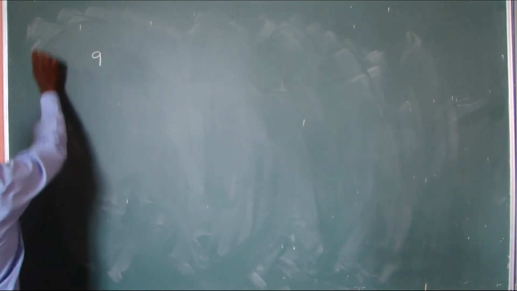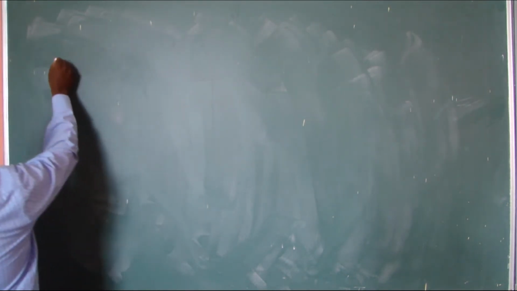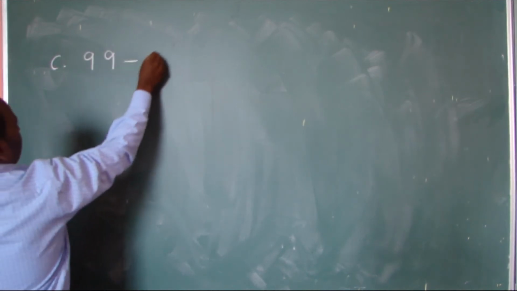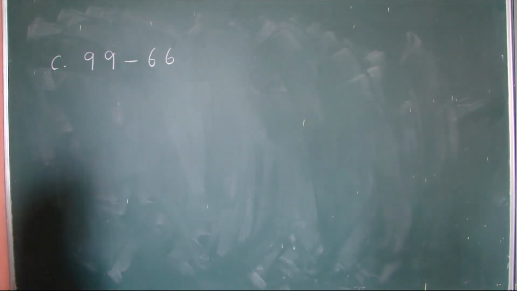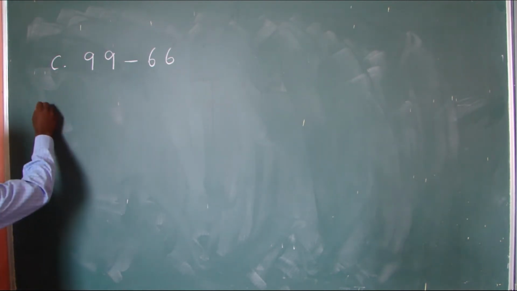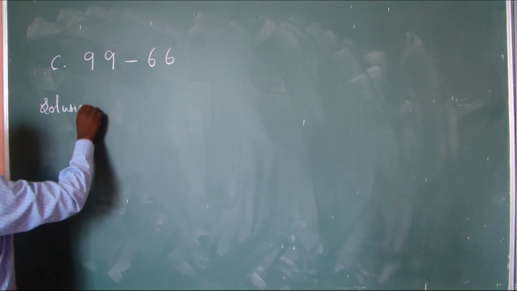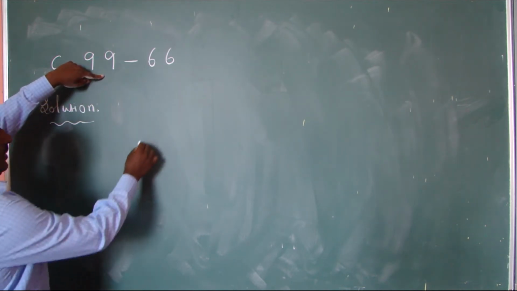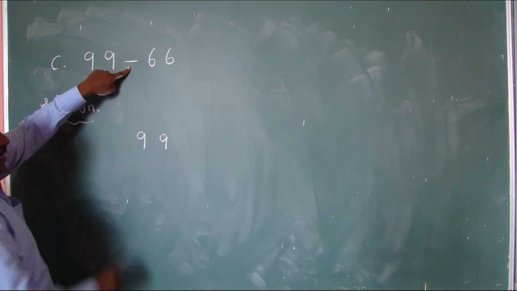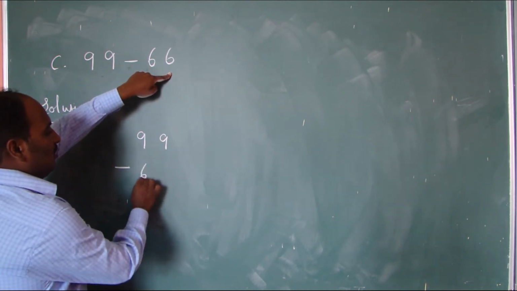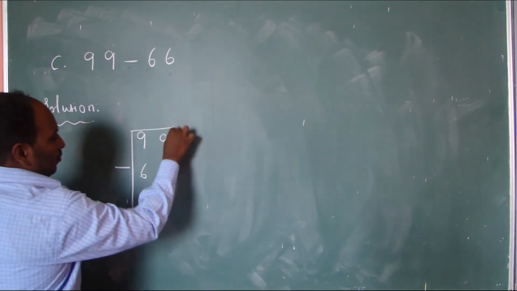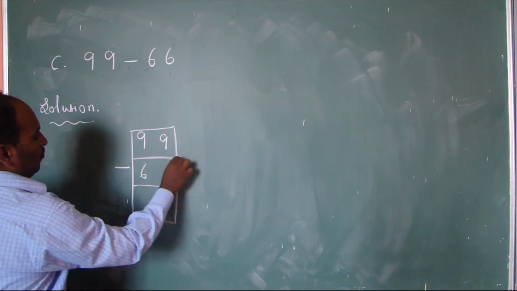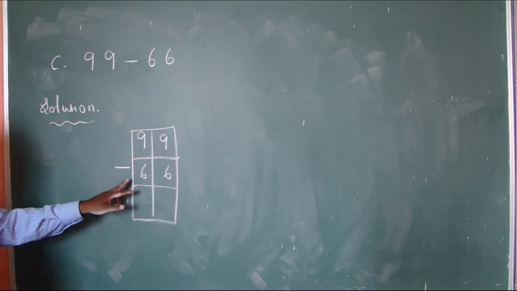Next one. 99 minus 66. First we arrange the numbers vertically. 99 minus 66.